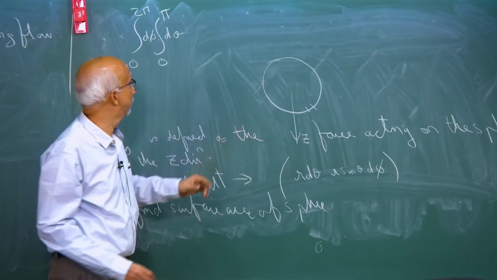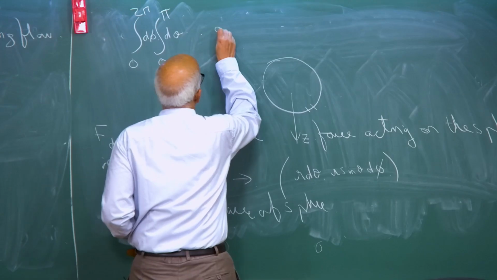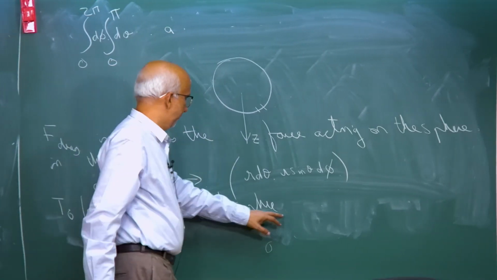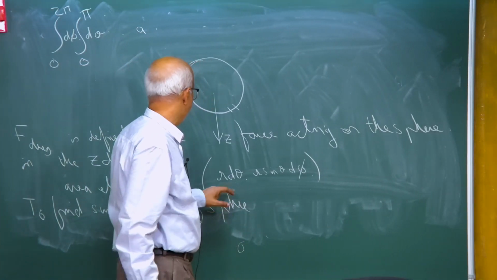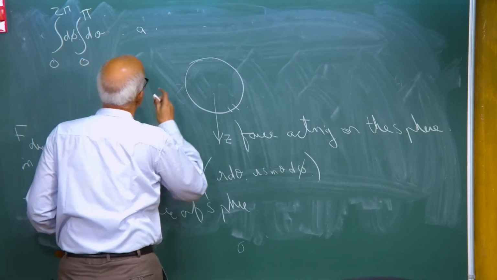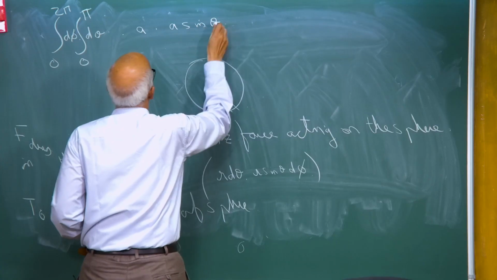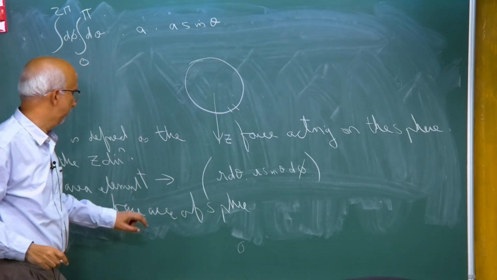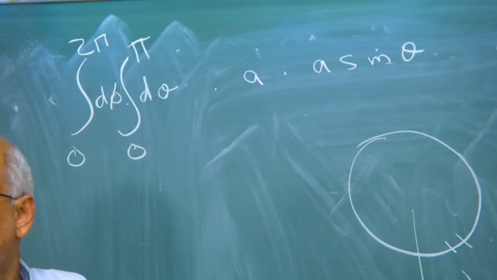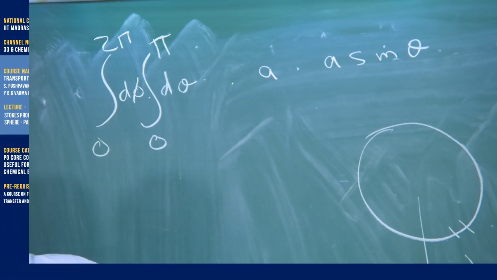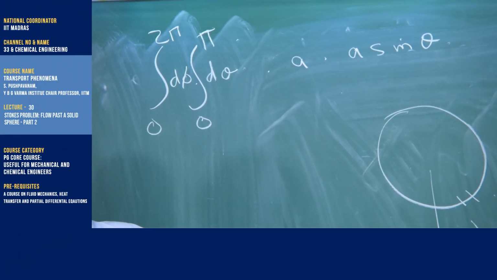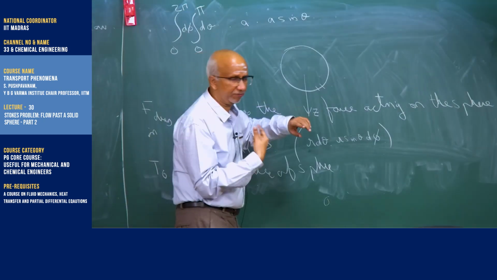So, this is a d theta multiplied by a sin theta, right. I am putting r as a because I am interested in the surface area of the sphere. Okay.